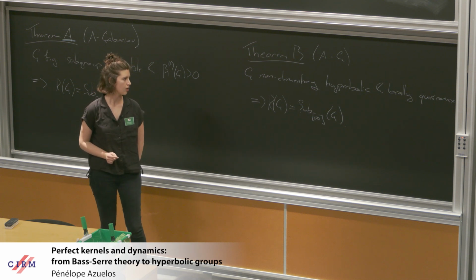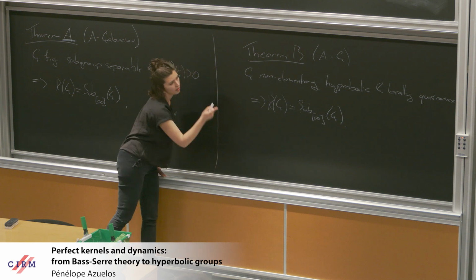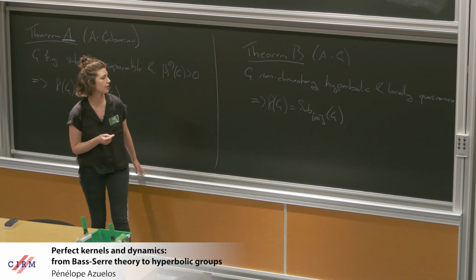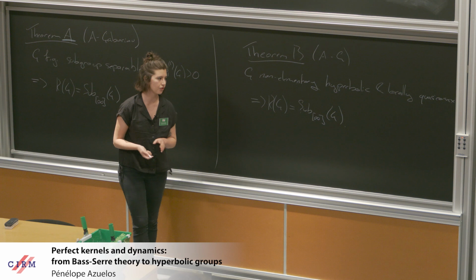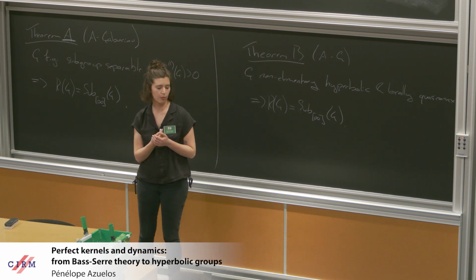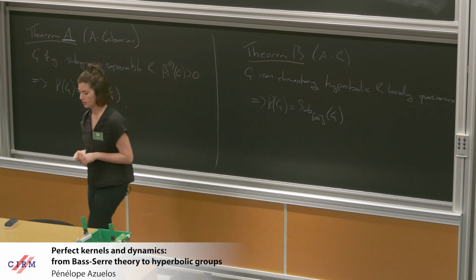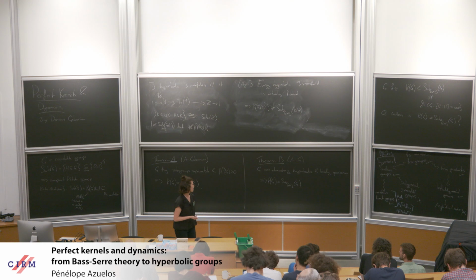So some classes of groups which verify this condition include hyperbolic surface groups. It also includes certain one-related groups, certain hyperbolic Coxeter groups. So there's a lot of work by Wise, McCammond, and Fuschka on this.